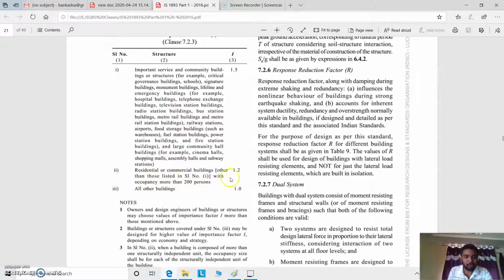No, it is not there in 1.2, it is there in 1.5. Important service buildings and community buildings or structures, for example critical governance buildings, schools, signature buildings, monument buildings, lifeline emergency buildings, for example hospital buildings. So here hospital building is located in serial number 1. That serial number 1 gives the I value as 1.5, right?